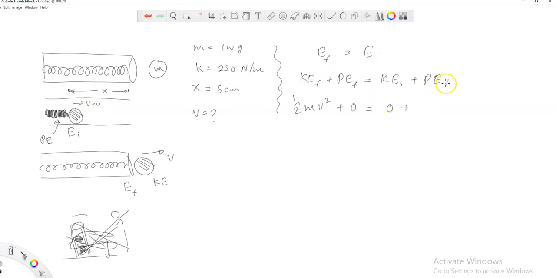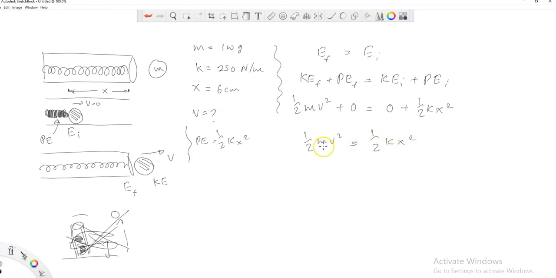Potential energy initial. Now for a spring, potential energy is given by half kx squared. We have the spring constant, we have the length it's stretched, so we can plug in those numbers. So half kx squared. Now you see it comes down to half mv squared equals half kx squared.